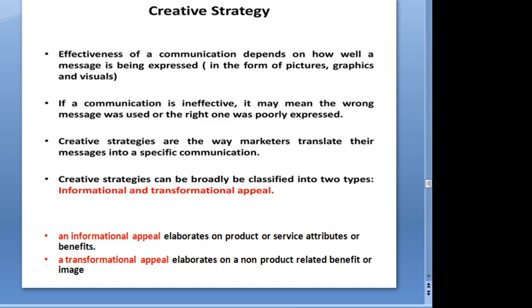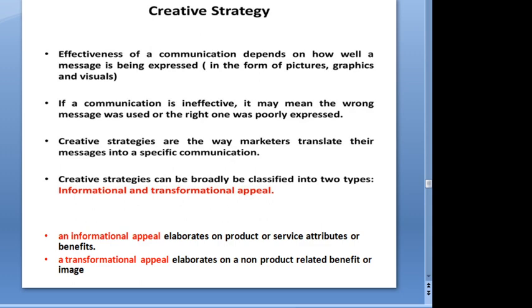The second point is creative strategy. How to say it. Effectiveness of communication depends on how well a message is expressed in the form of pictures, graphics, visuals, and so on.